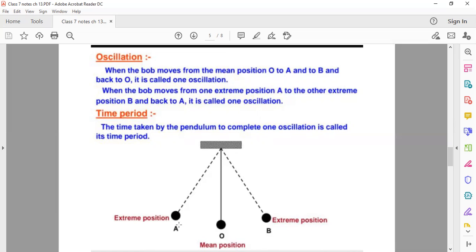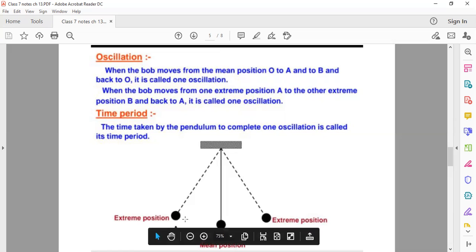So children, just mind it. If you need to calculate the oscillations of a pendulum, then you should know how one oscillation is considered.